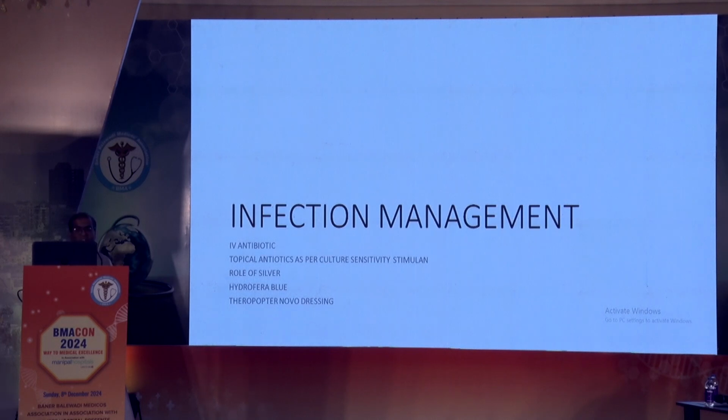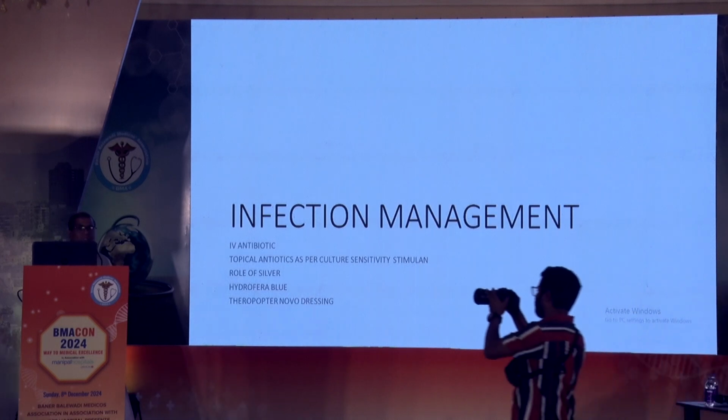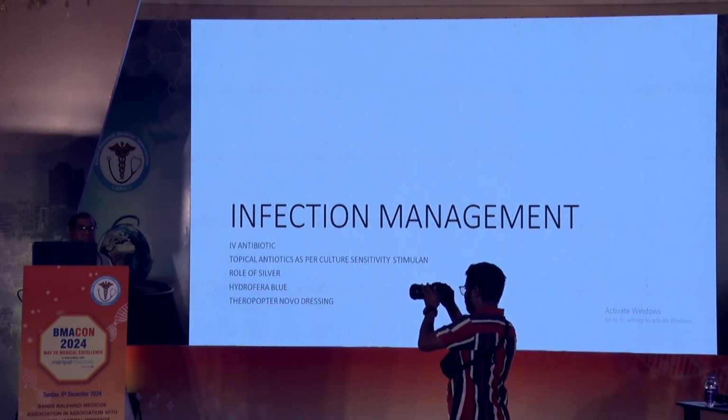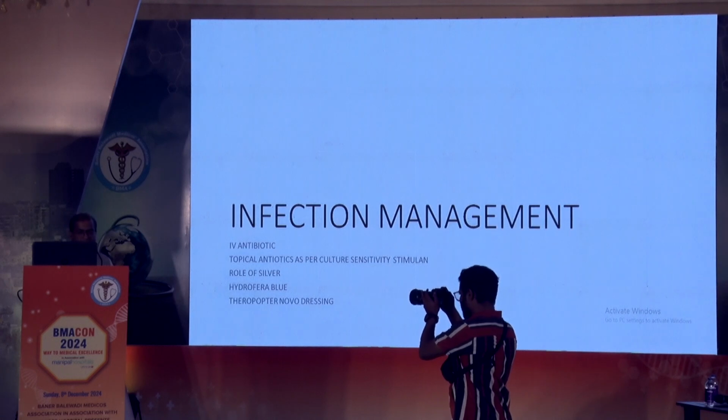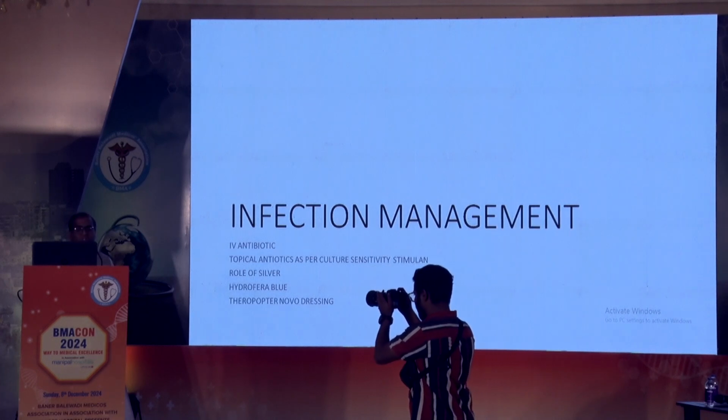Nowadays, silver is also fascinating. We have been using silver for years, like for burns, we are using silver sulfadiazine, but these silver salts have their own problems, like they cause pigmentation at the wound site, they form a layer which is very difficult to remove, and at times it becomes painful also.